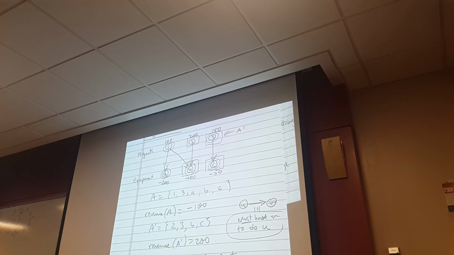So why would that be? Let's do one example. Correct me if I'm wrong. Let's say I take this guy. So here's a cut. Here's the A side, here's the B side. Does this cut have finite capacity?